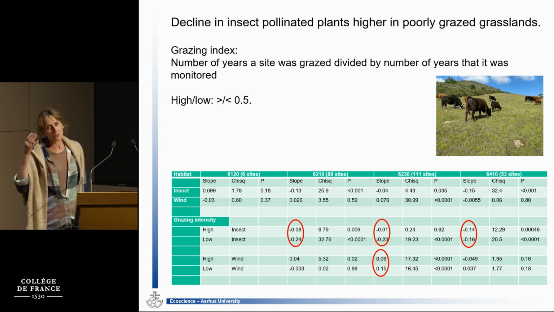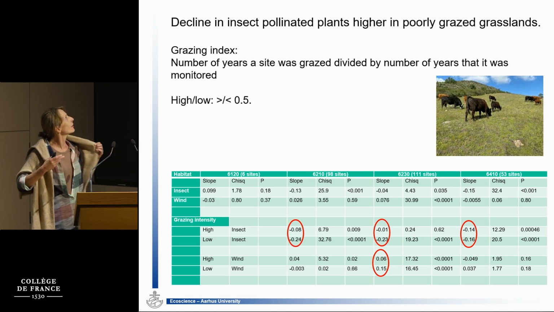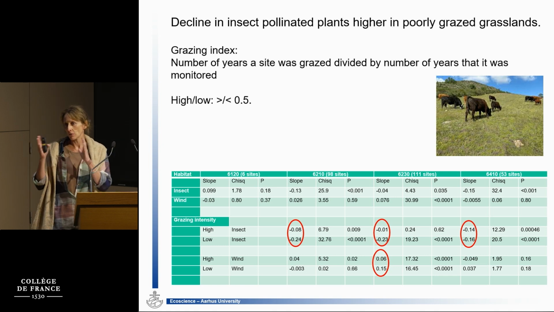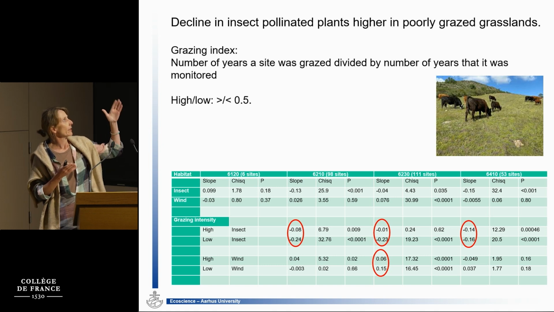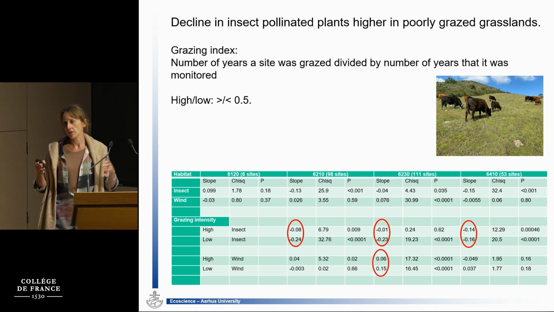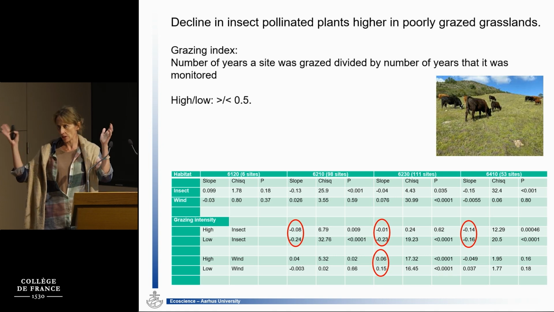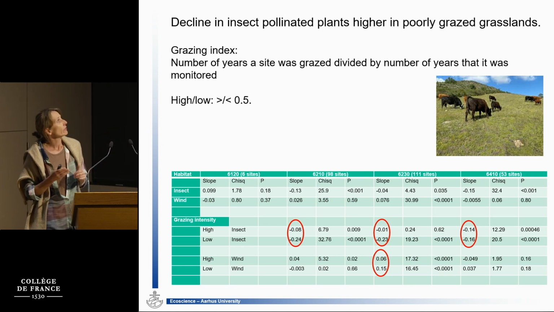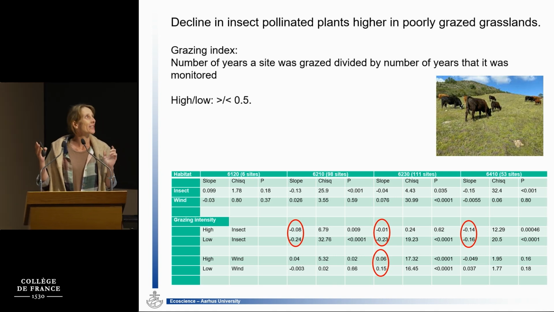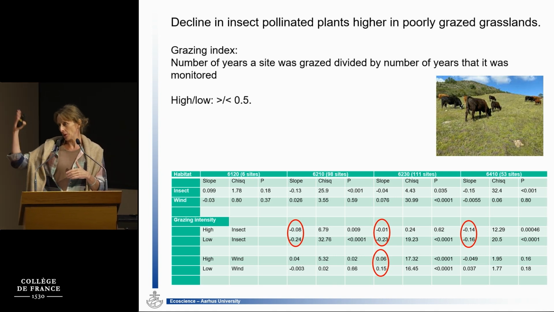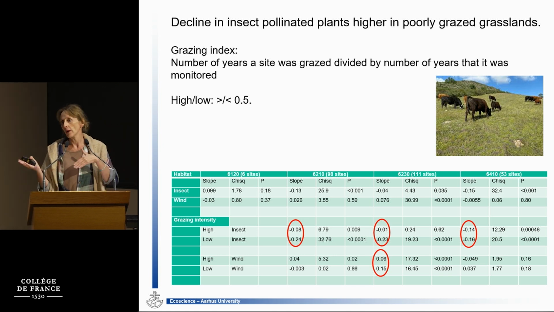So based on that information, we could calculate a semi-grazing index, very roughly, the number of years a site was grazed divided by the number of years that it was monitored. So let's say that a given site was monitored in 5 different years during this 11-year time period, and it was grazed in 3 of those years but not in the last 2, then it would get an index of 3/5.